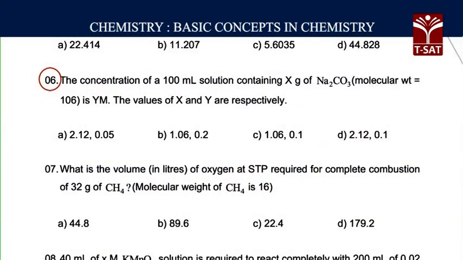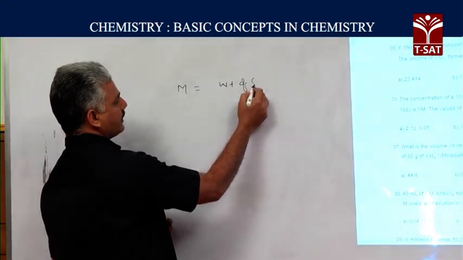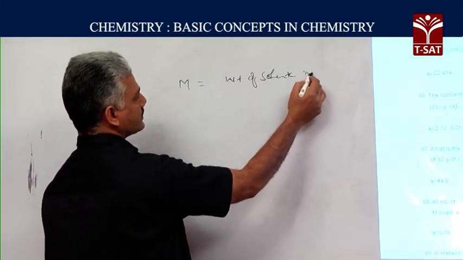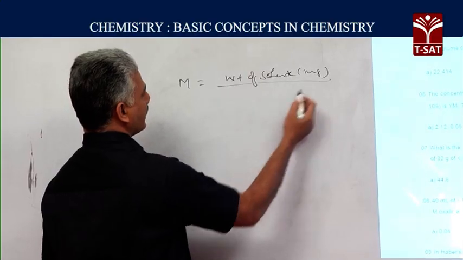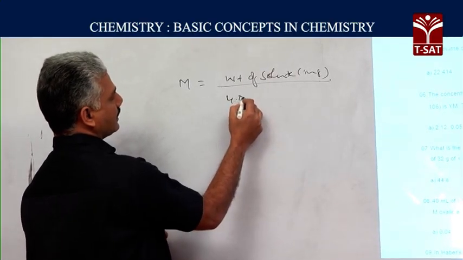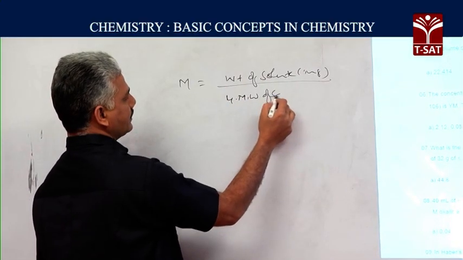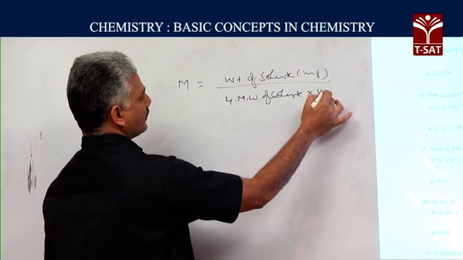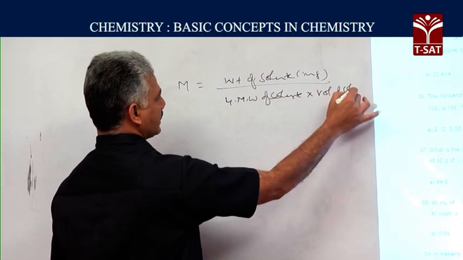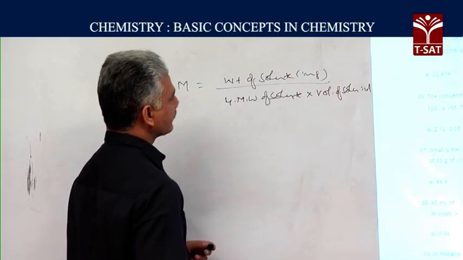Here concentration is specified as Y and the weight of sodium carbonate we need to find out. This problem is based on molarity. Molarity is calculated by using this relation: weight of solute in grams divided by gram molecular weight of solute into volume of solution in liters.